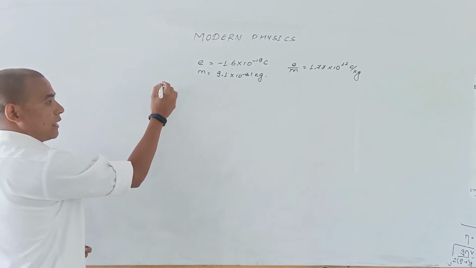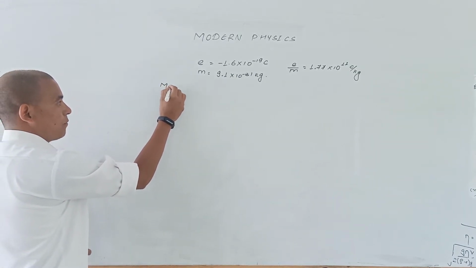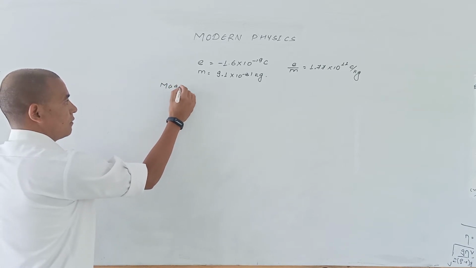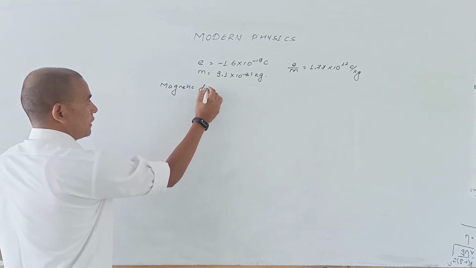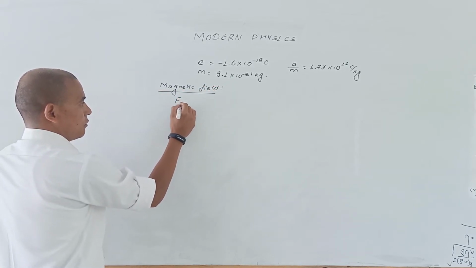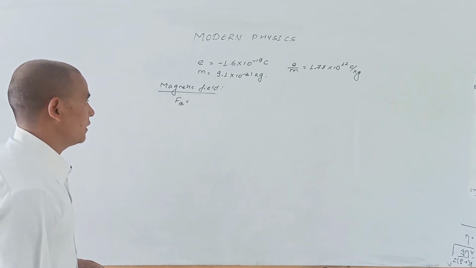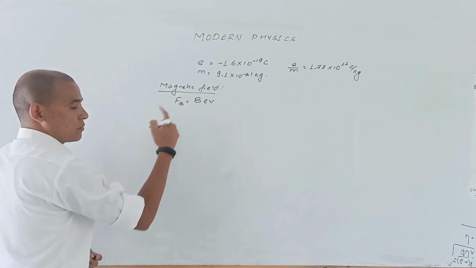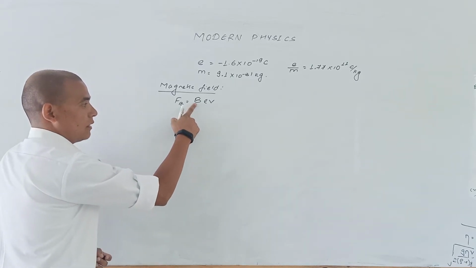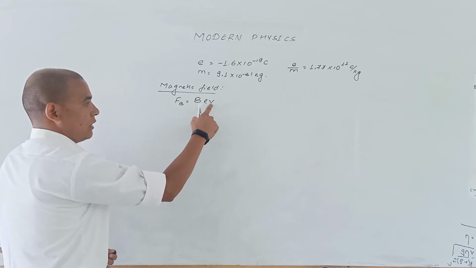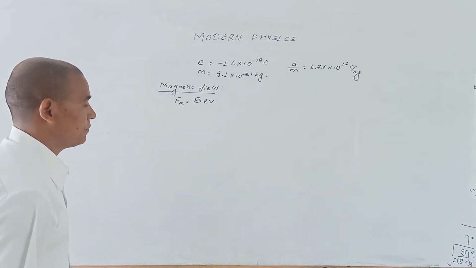When an electron moves inside the magnetic field, we will be using this formula. As we have discussed, the force due to the magnetic field, that is the Lorentz force, is given by Bev, where B is the magnitude of the magnetic field, e the charge of an electron, and v the velocity of an electron.